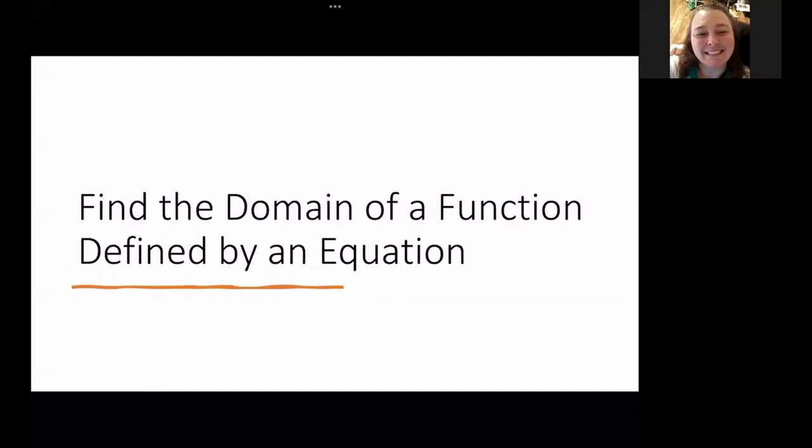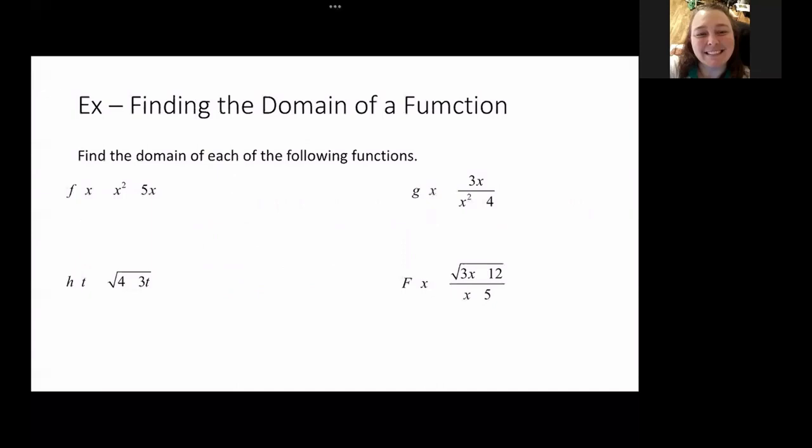Okay, let's find the domain of a function defined by an equation. So again, the easiest way, let's look at an example first, and then we'll go into the definition. So find the domain of each of the following functions. Where are all of my symbols? So this is supposed to be f of x equals, h of t equals, g of x equals, and f of x equals.